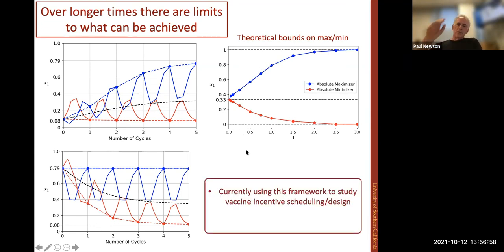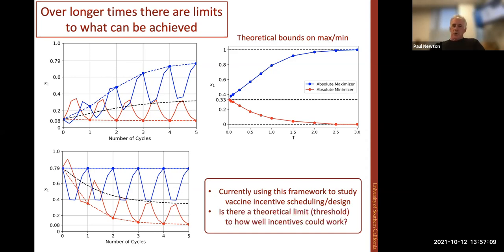And so we're currently using this framework to study vaccine incentive scheduling and design, for example, COVID vaccines, and ask the question, is there a theoretical limit or threshold to how well incentives could work?